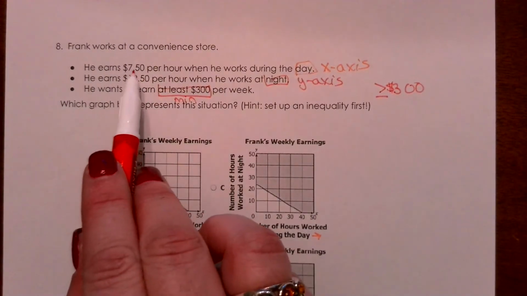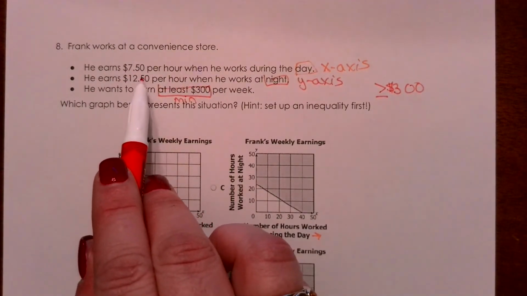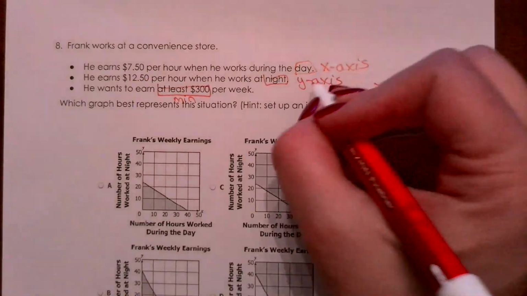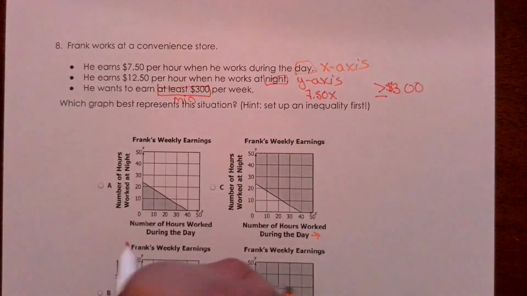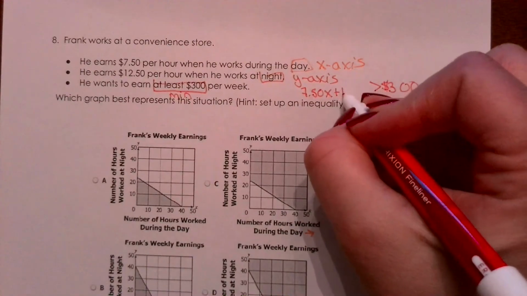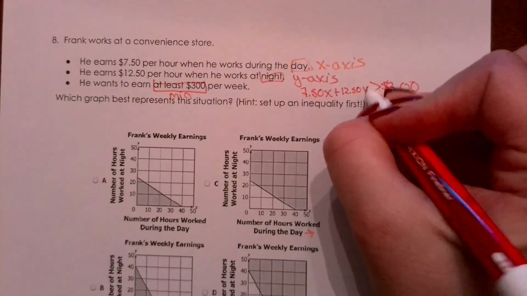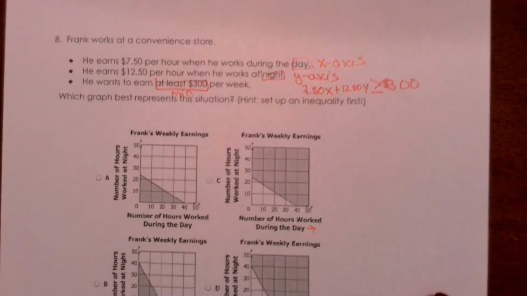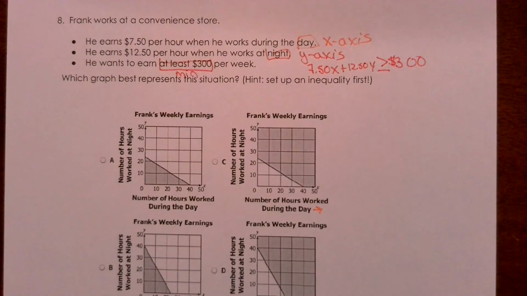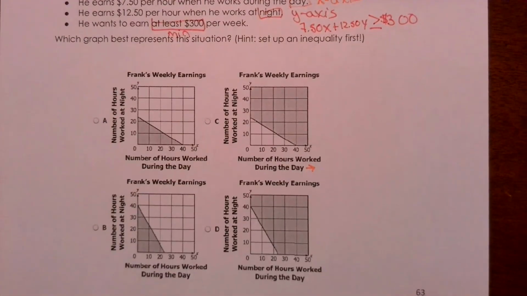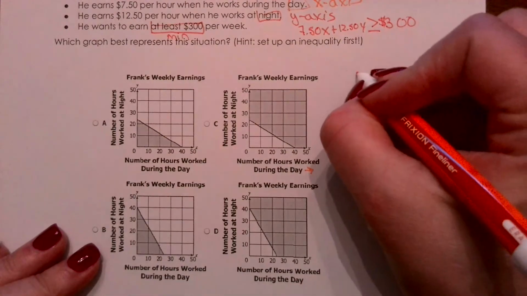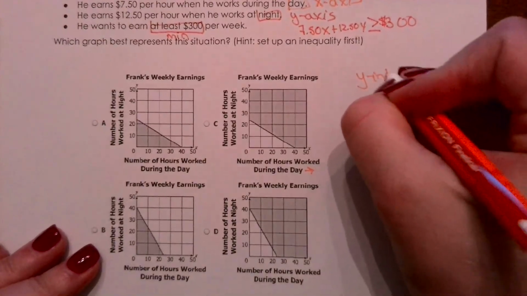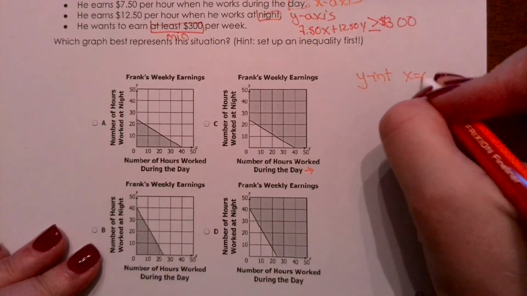So he earns $7.50 for the number of hours during the day, so 7.50x, plus $12.50 per hour per night, so $12.50 y. Now I've got my inequality. Let's take a look and find the x and y intercept. That's going to help me find my graph. So my y-intercept is the value of y when x equals 0.